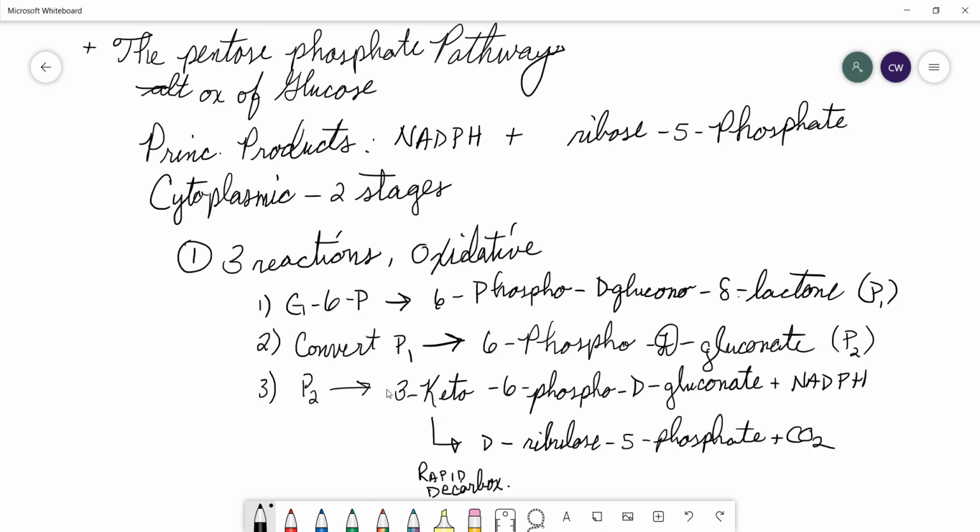So the 3 keto 6 phospho D-gluconate does not last very long. We very quickly get rid of one of those carbonyl groups and eject CO2 and are left with a D-ribulose 5-phosphate molecule.